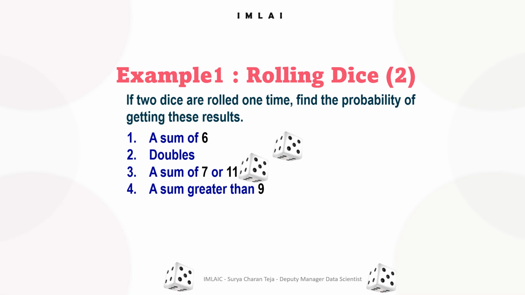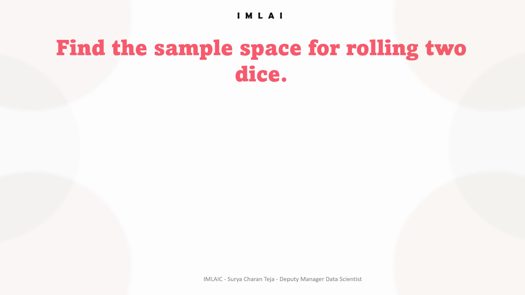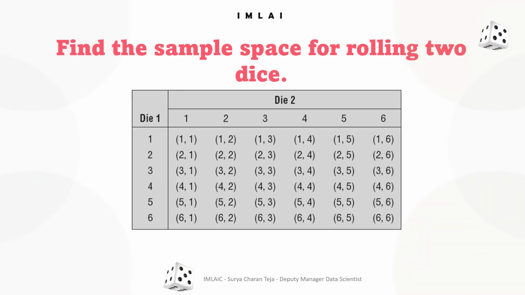So if you want to solve this question, what do we need to know? We need to know about the sample space. First, let's build a sample space for rolling two dice. Die 1 on the left side, die 2 on the right side.